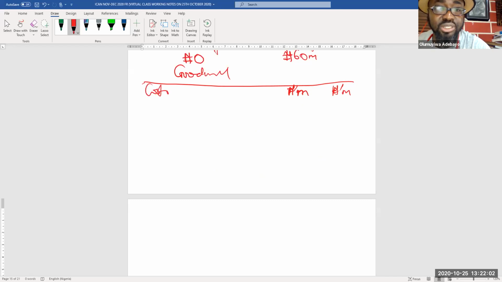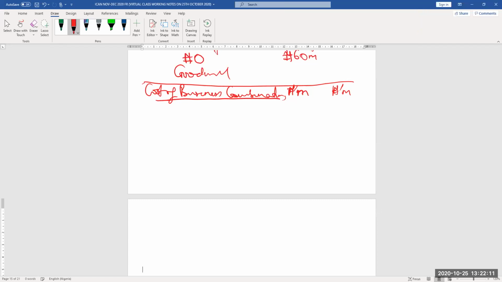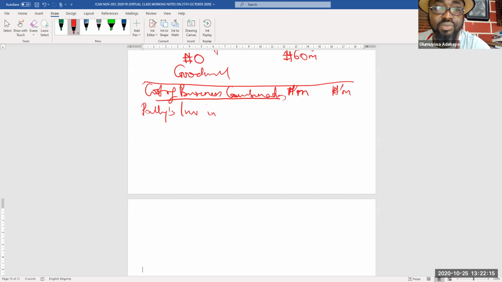Cost of business combination: Pali's investment in Suzy is 100 million. NCI is measured at proportionate share, 20% of the net asset, which is unknown.